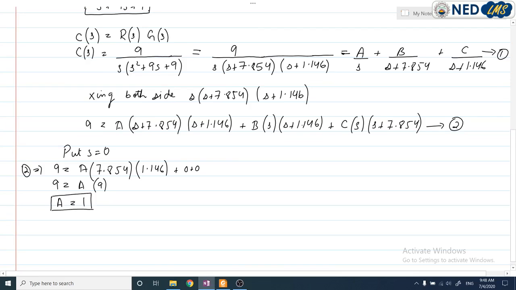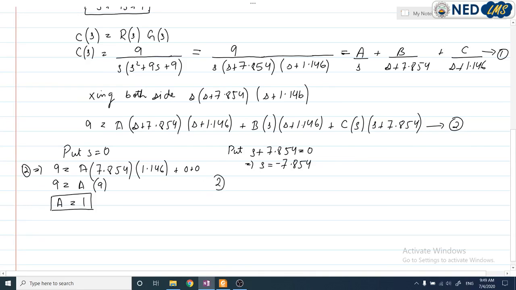And to find the value of B, I am putting s plus 7.854 is equal to 0, or we can say s is equal to minus 7.854.